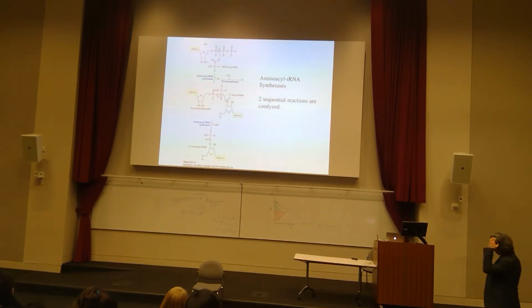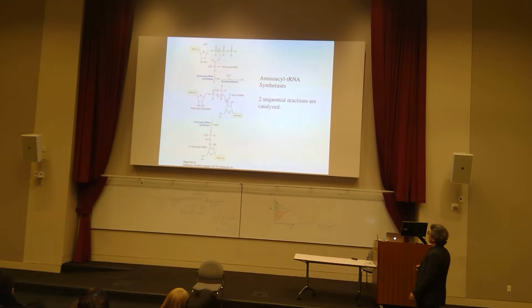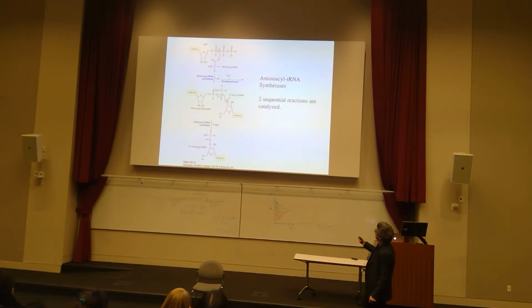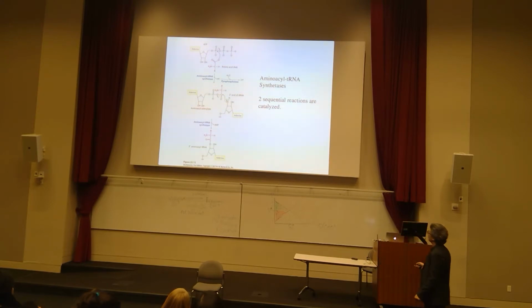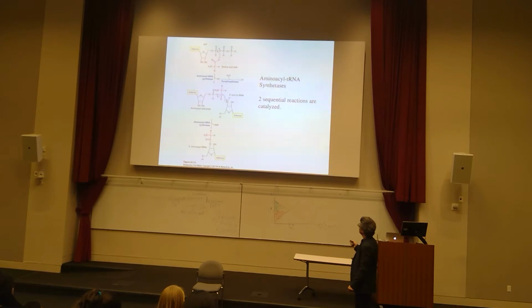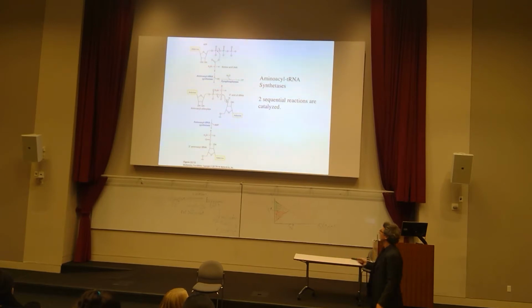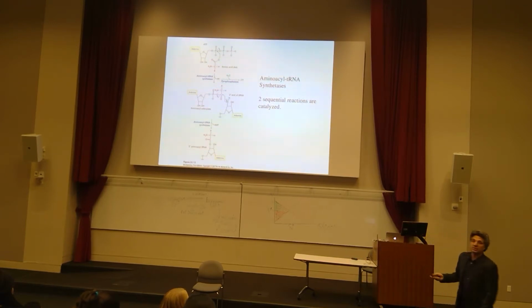Great. So in the spirit of making sure that we know the critical topics from last time, here are these 2 sequential reactions that are being catalyzed by the amino-acyl tRNA synthetases. They're looking for a particular amino acid, 1 of the 20, and so this explains why this is a family of synthetases.